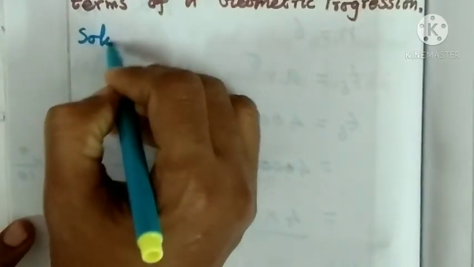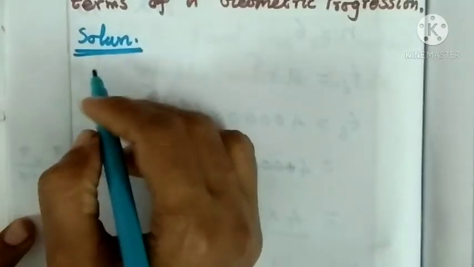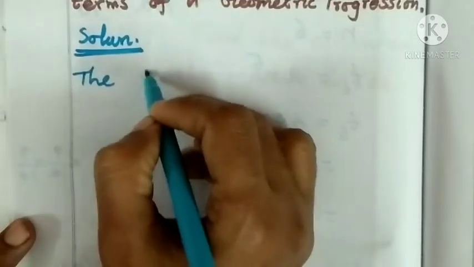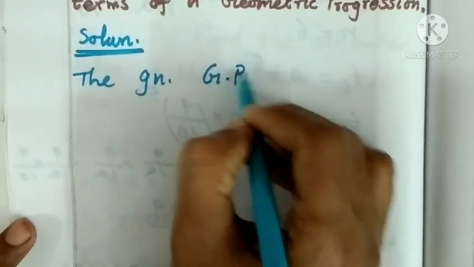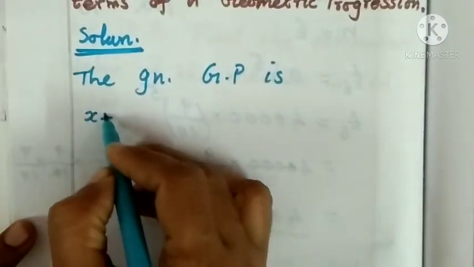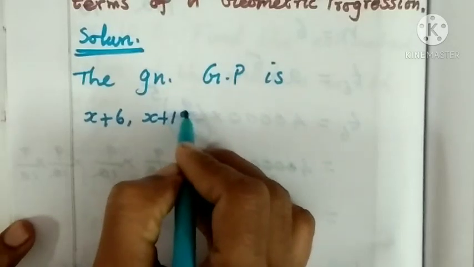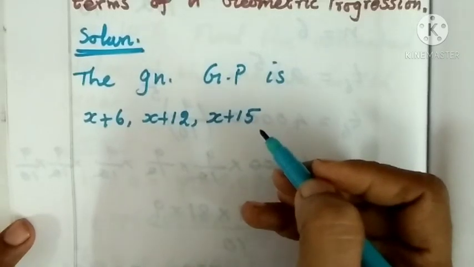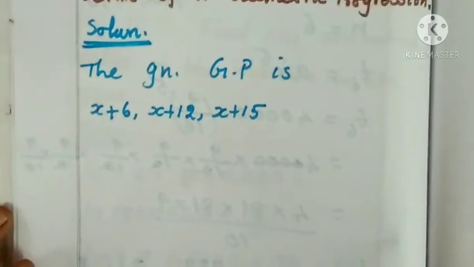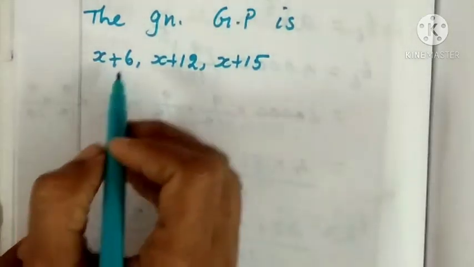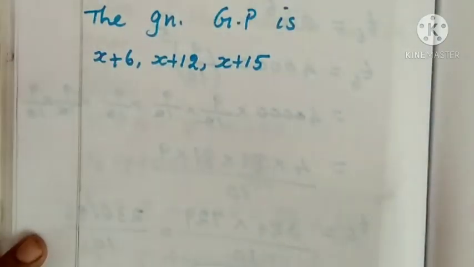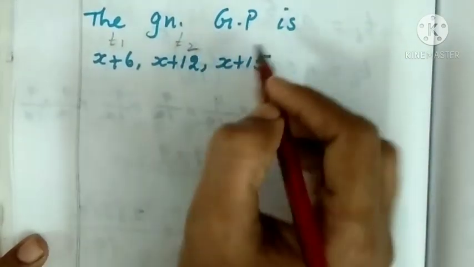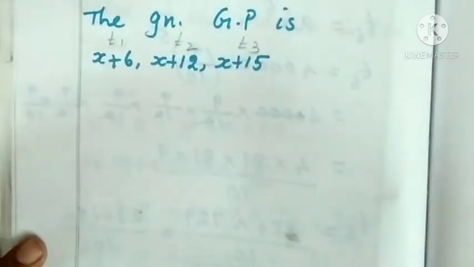In the solution, first take down and write the given sequence. The given GP is x plus 6, x plus 12, x plus 15, the three consecutive terms. Then here T1 is x plus 6 and T2 is x plus 12 and T3 is x plus 15.